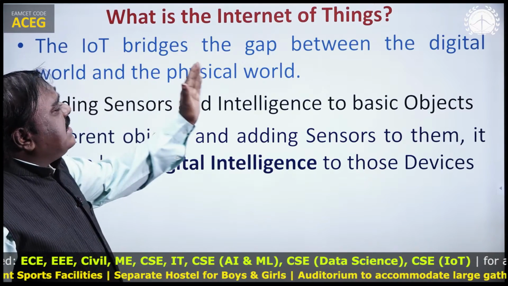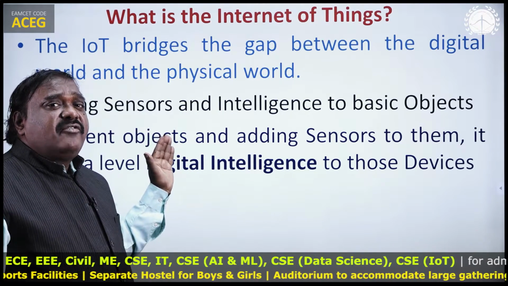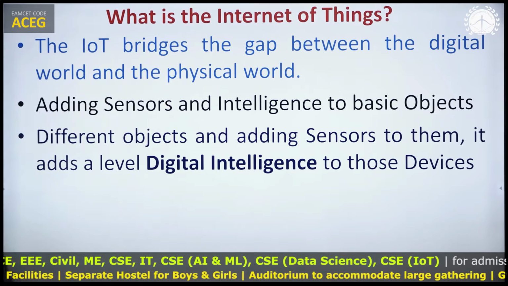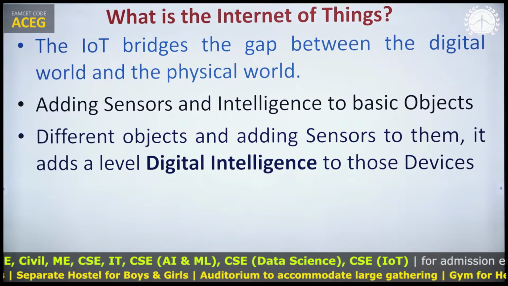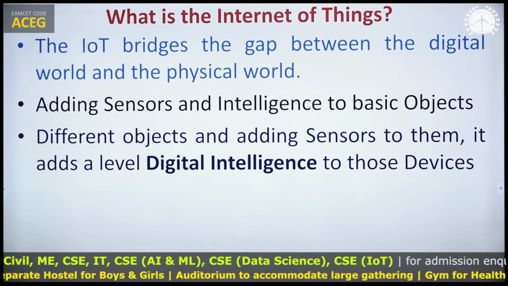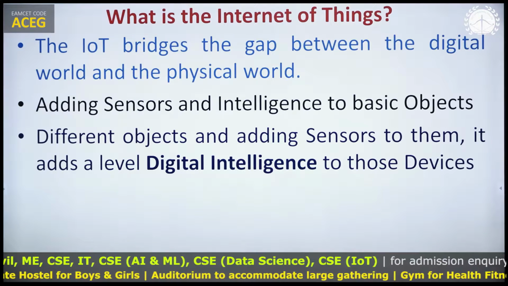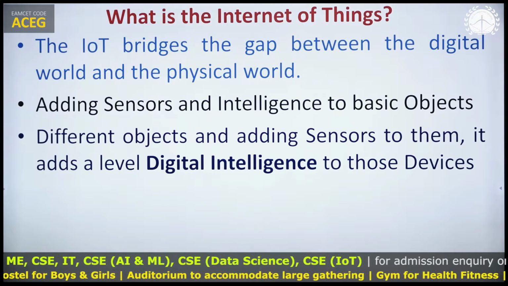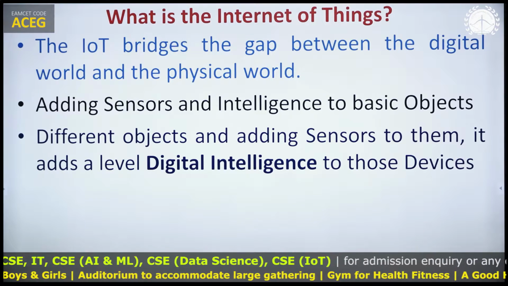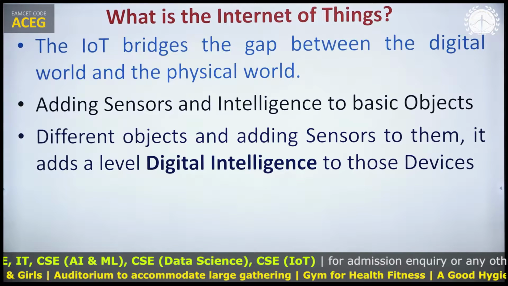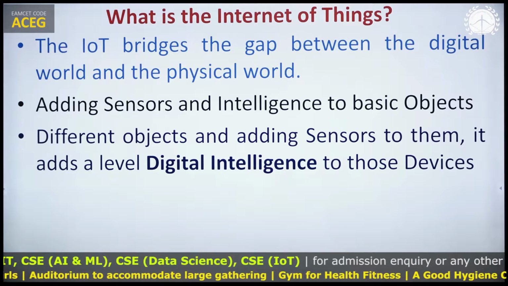I am giving a few more definitions here. The IoT bridges the gap between the digital world and the physical world, adding sensors and intelligence to basic objects. Adding sensors to different objects adds a level of digital intelligence to those devices.